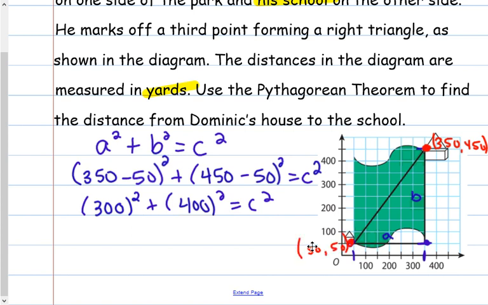So if I label those as my x2 minus x1 and my y2 minus y1, well, x2 is 350, so this is my x2, y2, this is my x1, y1, and it all works out.